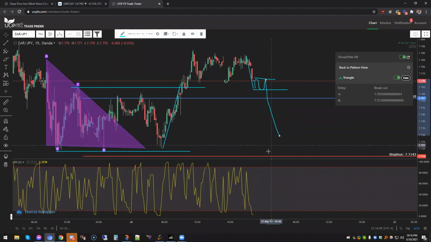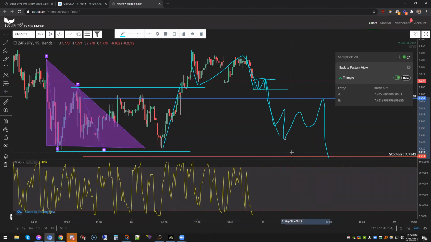I'll look for the sub. Okay, so this would be 1, this is 2, and this is my 1, 2, 3, 4, 5. This is going to be my wave 3, and then I'm going to expect a wave 4, and then a wave 5, like that. Simple.